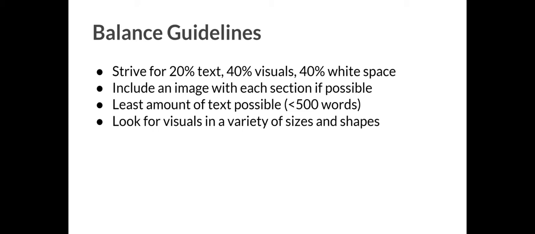You want to include an image with each section if possible, and you don't want to use a lot of words. Try to stick to 500 or less for your poster. And ultimately, look for visuals in a variety of sizes and shapes to balance everything out and make everything visually interesting. Let's move on to data visualization.